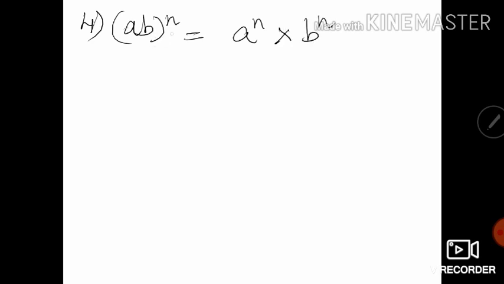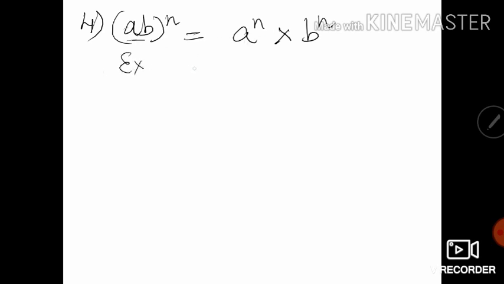Fourth law, ab to the power n can be written as a to the power n into b to the power n. So a number inside the bracket can be split into factors a, b, and then we can write the common power separately for each number.